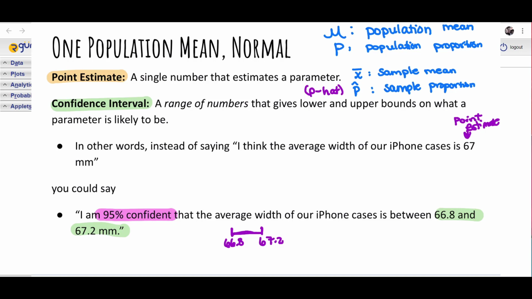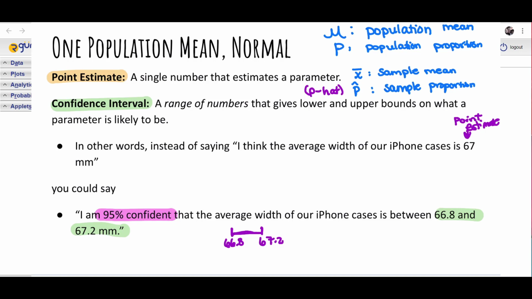That's what that means. You can have any confidence level you want to use, but you don't want to say something like, I'm 60% confident that the average width of our iPhone cases is between 66.8 and 67.2, because that would mean that if you repeated the process of calculating the confidence interval over and over again, you would only be correct 60% of the time. 60% of the time the true population mean would fall within the interval, and 40% of the time it wouldn't.